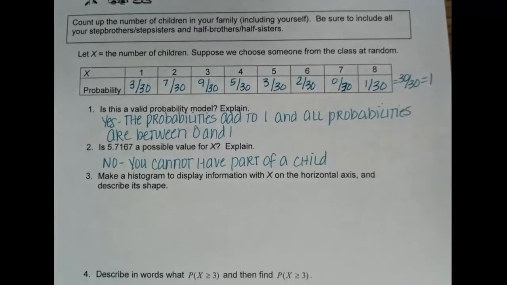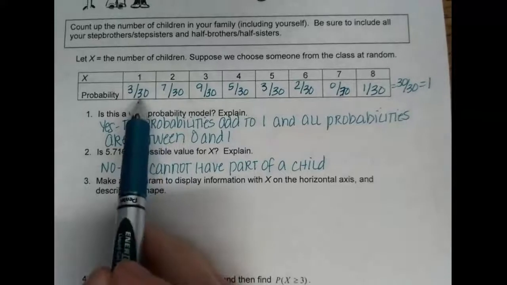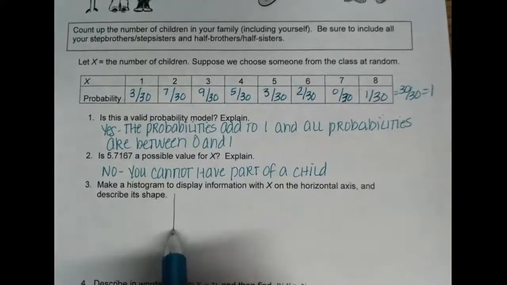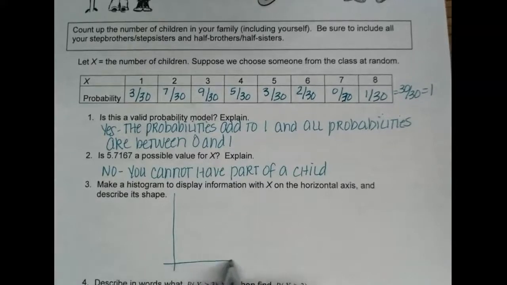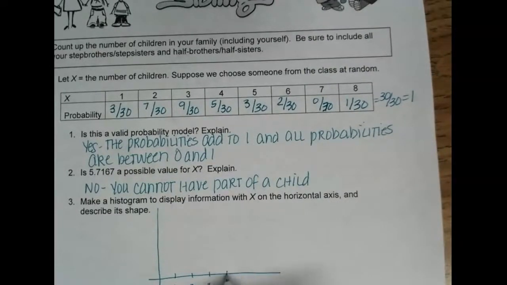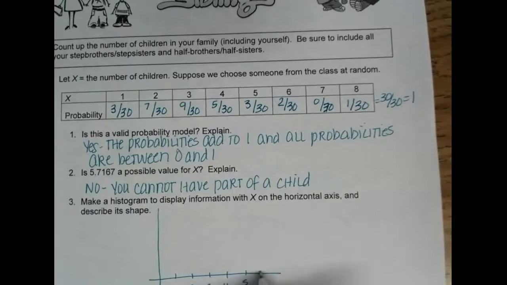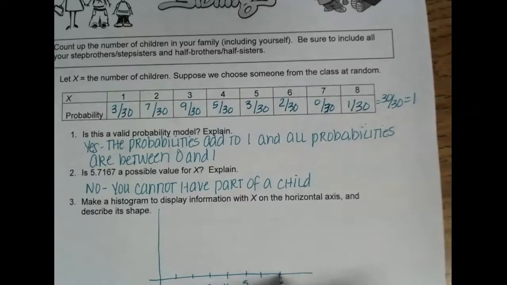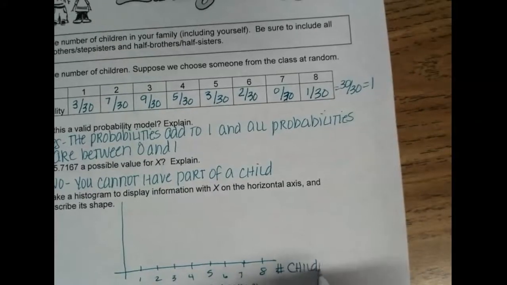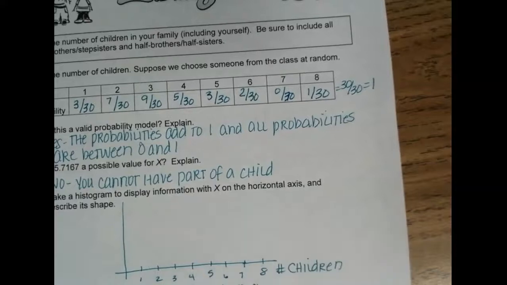Now we're going to make a histogram. So what I recommend is go and convert all of these to their decimal forms. And to draw our histogram, we're going to put all our values of x down here. We have 1 through 8, so we've got 1, 2, 3, 4, 5, 6, 7, 8, and that is the number of children. Okay.